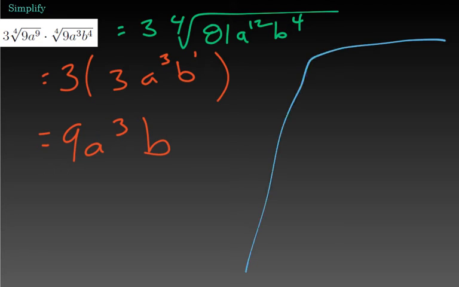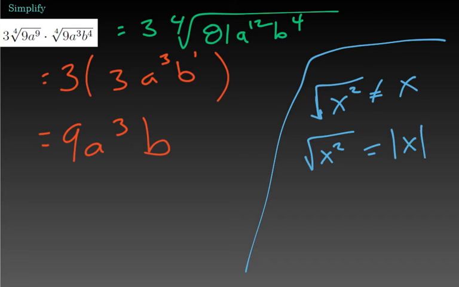You can go back and look at videos on it, but basically we talked about how the square root is not a good inverse, and even roots in general are all not good inverses. If you ever take the square root of x squared, it is not equal to x. The square root of x squared is equal to the absolute value of x.